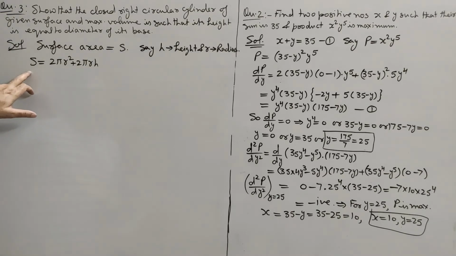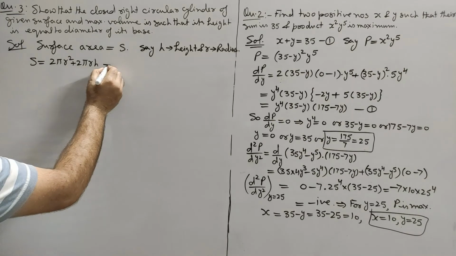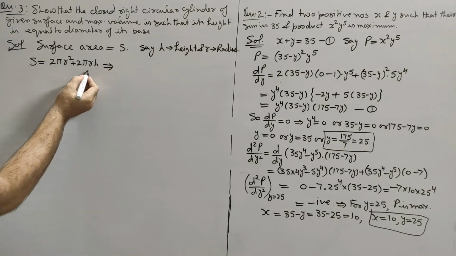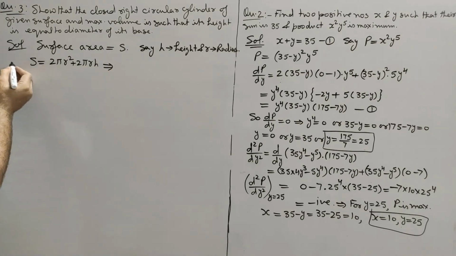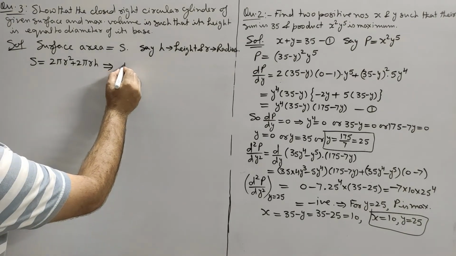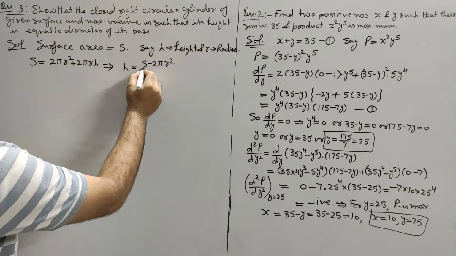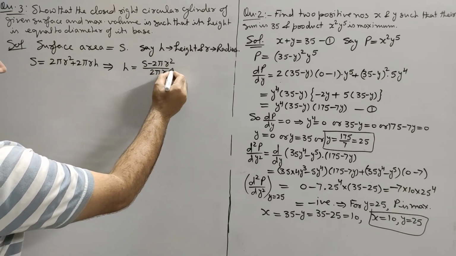By seeing this expression, we find that the value of h can be easily calculated as compared to value of r, because this expression is quadratic in r. So we will eliminate h by determining its value in terms of r, and this will be h is equal to S minus 2 pi r square divided by 2 pi r.